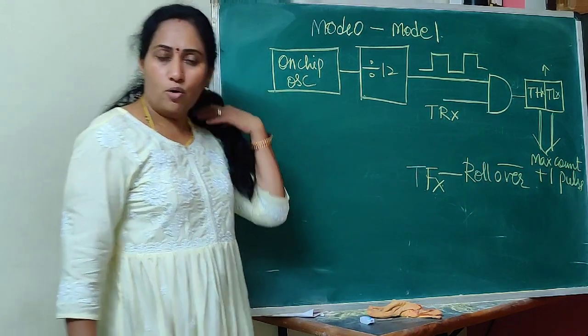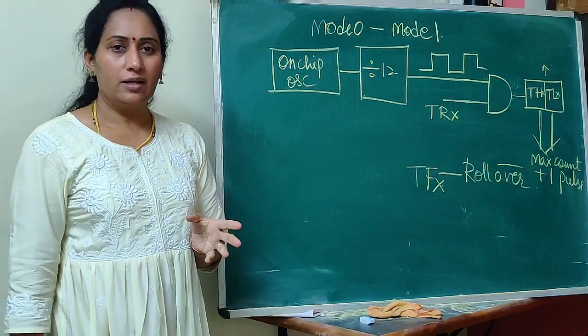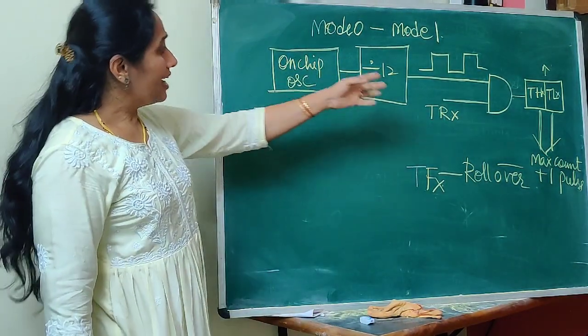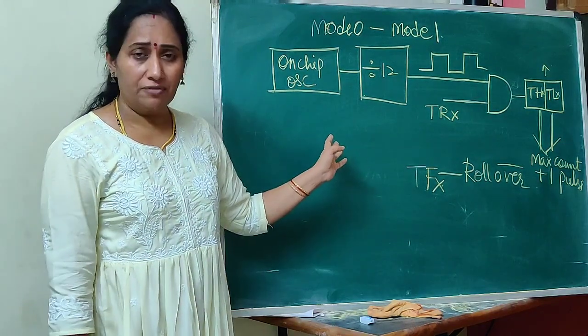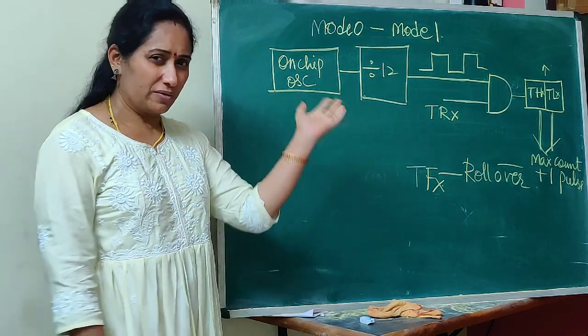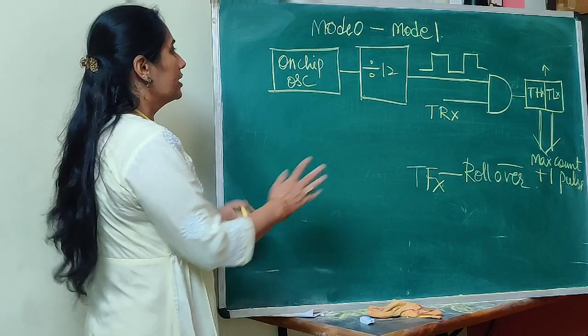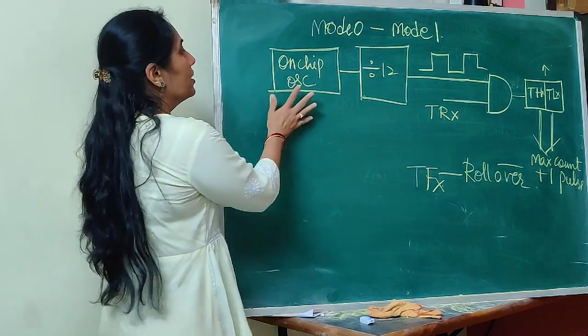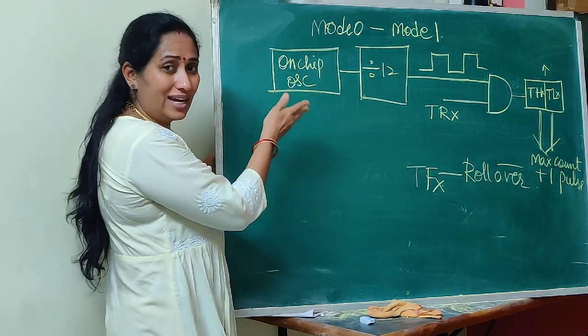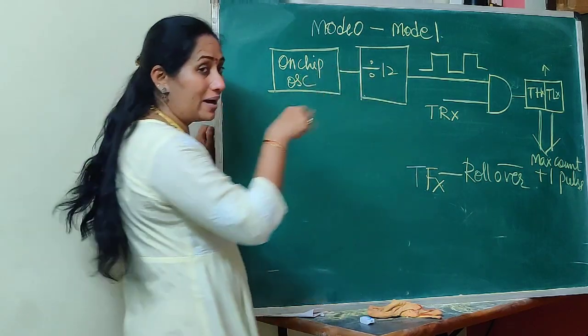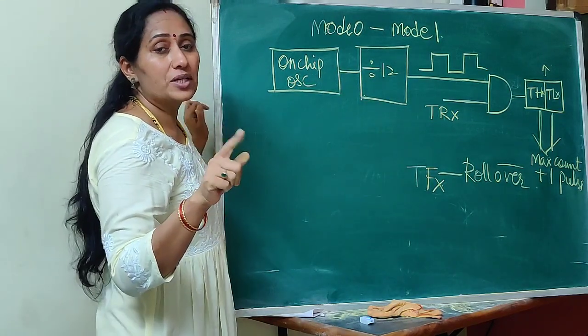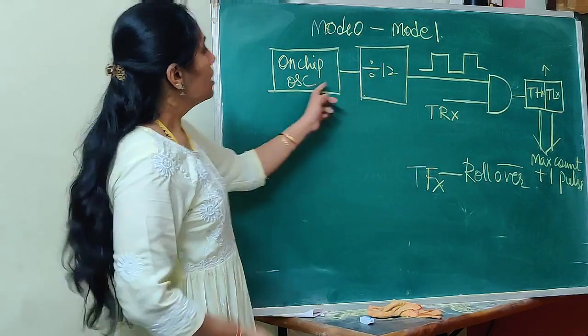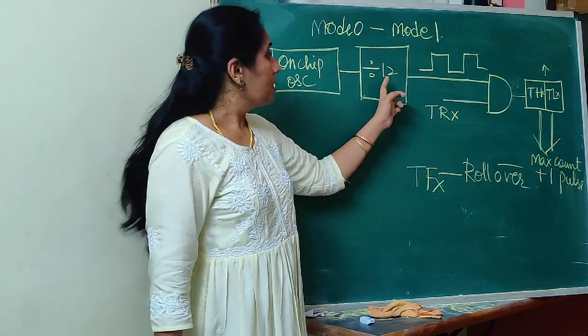Okay, mode 0, mode 1, whatever I have explained till now, that can be represented using a figure. The function can be represented using a figure, whatever the steps I have explained. So you can see over here what's going to happen. The on-chip oscillator frequency will be divided by 12 because each machine cycle will be having 12 pulses. So it will be divided by 12, right?